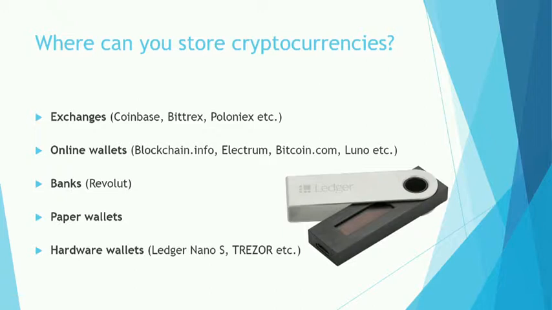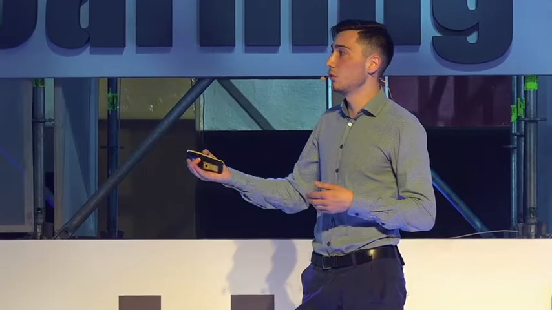The safer way would be to create an online wallet like Blockchain Info, Electrum, or any other online wallet that you know of. You'll have to go to a website, create an account, then you'll have a certain code that will represent your Bitcoin wallet address. And once you decide to purchase cryptocurrencies, you'll have to specify that you want to receive your funds in that particular wallet.